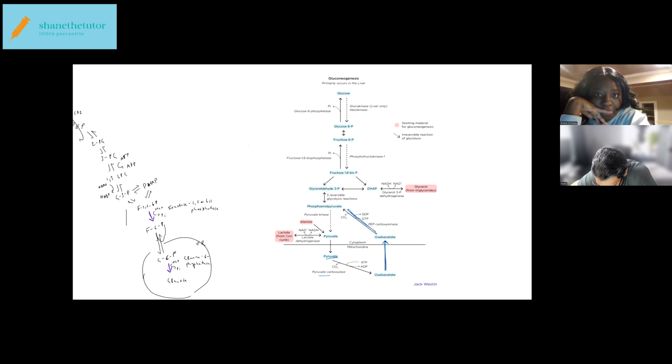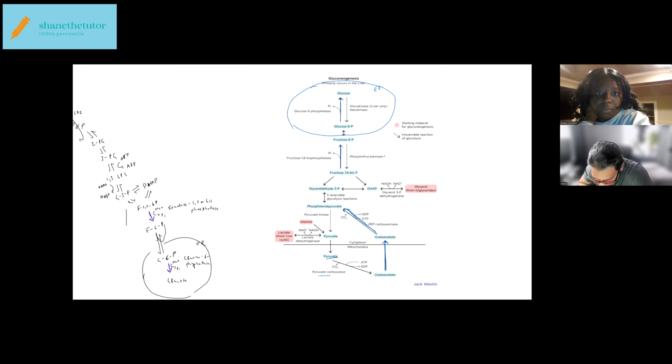Then the PEP can go through these reversible reactions that we don't care that much about, and ultimately go here, and a phosphate is removed through the phosphatase, and the last phosphate is removed through the phosphatase as well. Maybe I'll put a circle around this to say that this is in the endoplasmic reticulum.